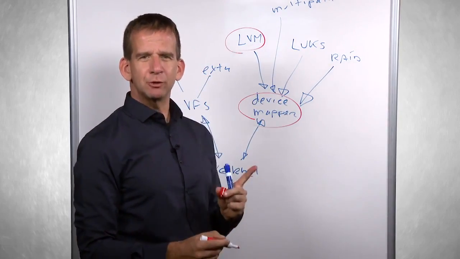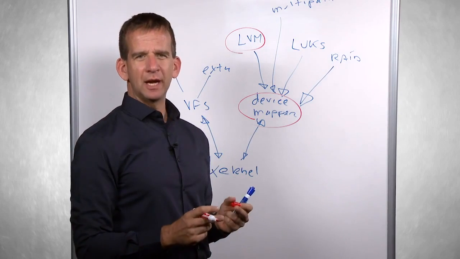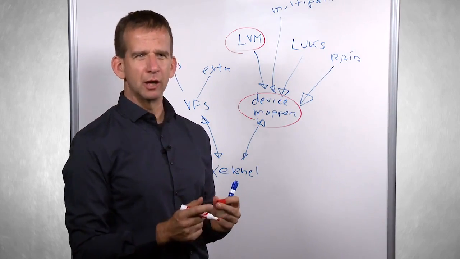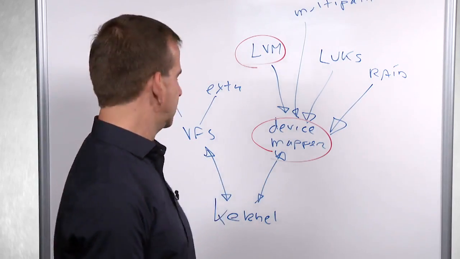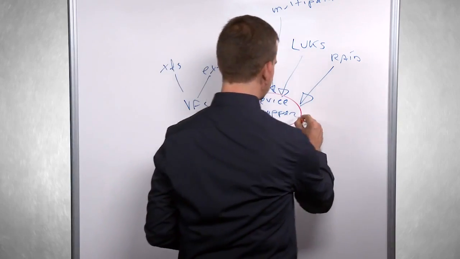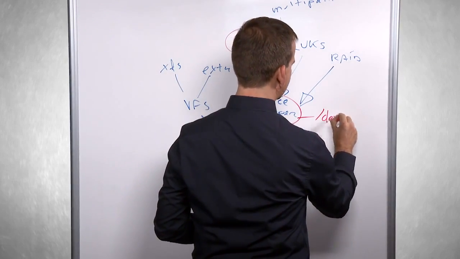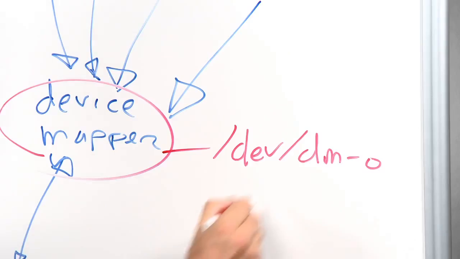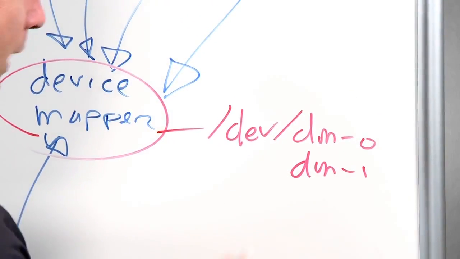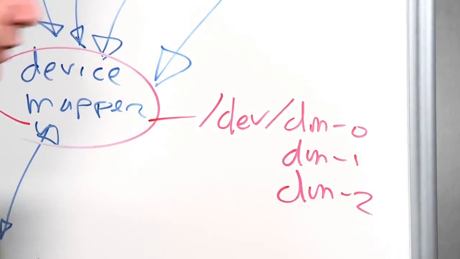Now, for you as an administrator, it is important what the consequences are. The consequences are really in the naming of the devices. From the device mapper perspective, you will get devices like /dev/dm-0 and dm-1 and dm-2.